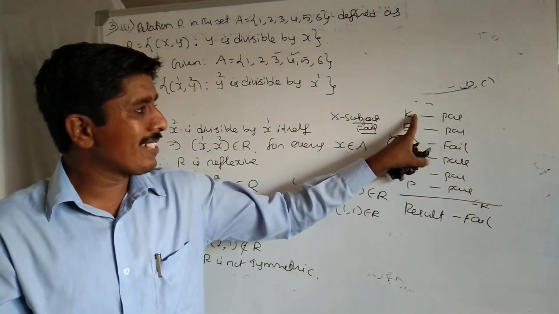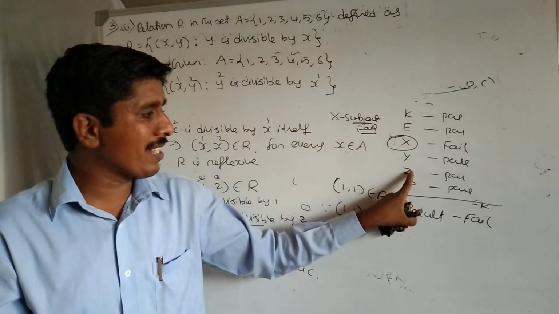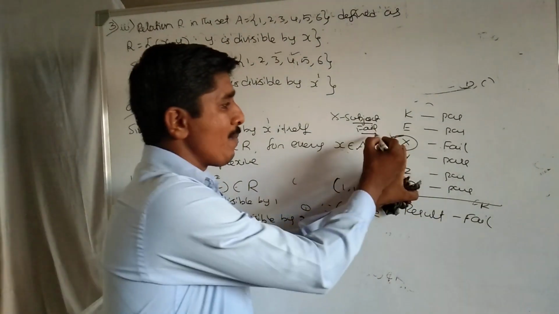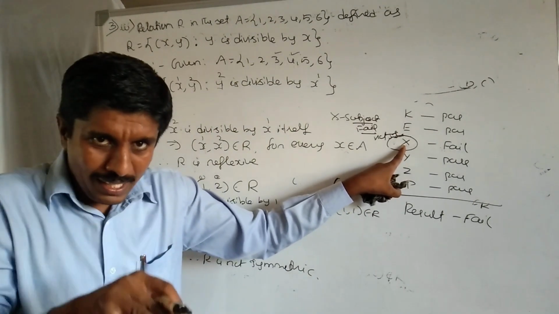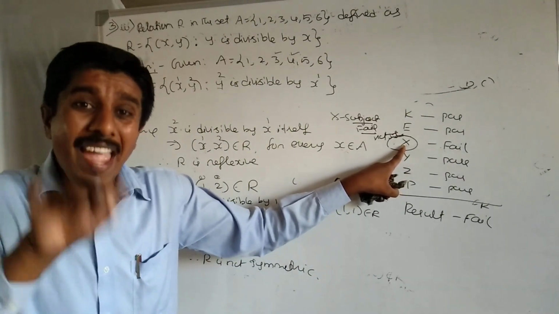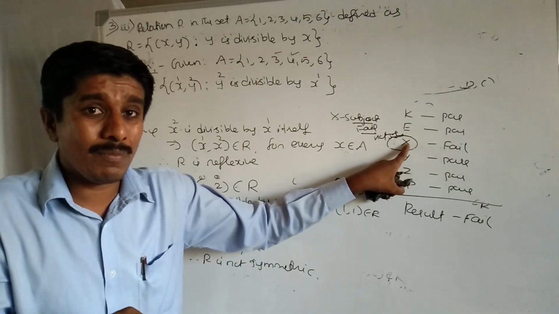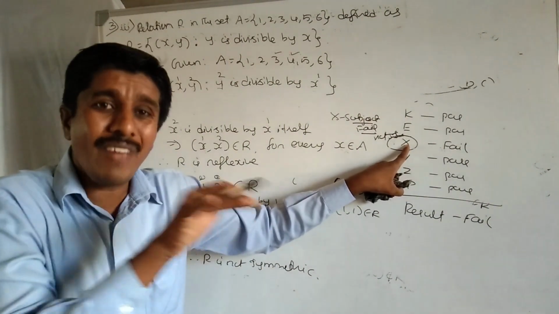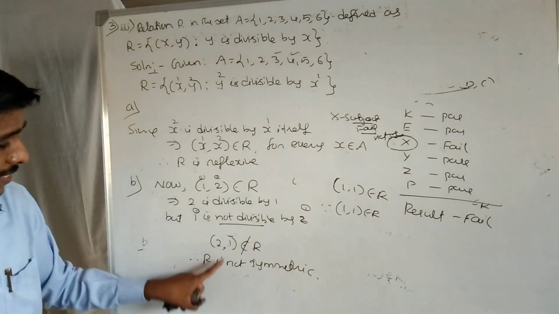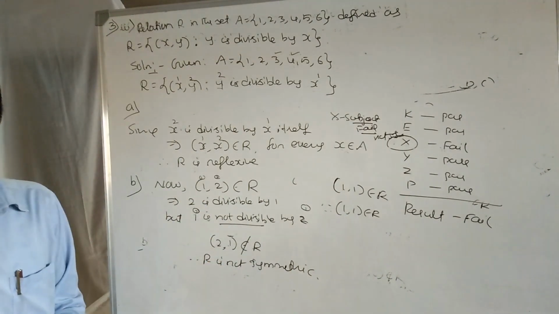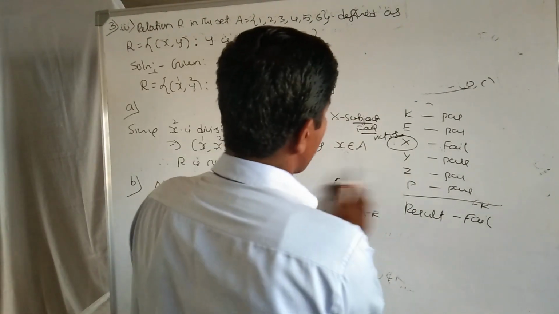Here in this case symmetric, but in this other case not symmetric. Not symmetric means the total result of symmetric is fail, because here this element does not belong to the relation. Therefore the total result is fail. So next.